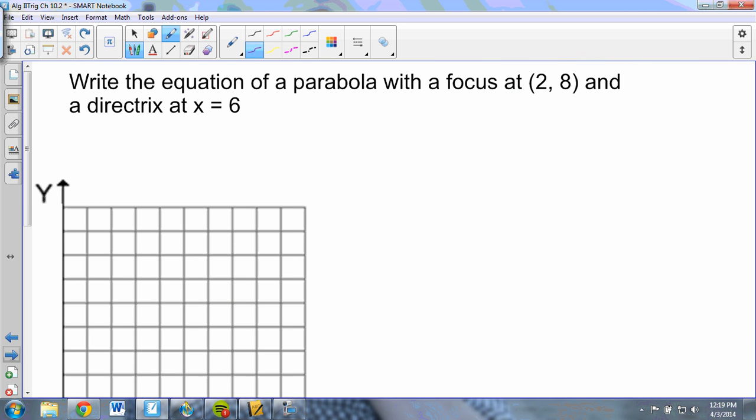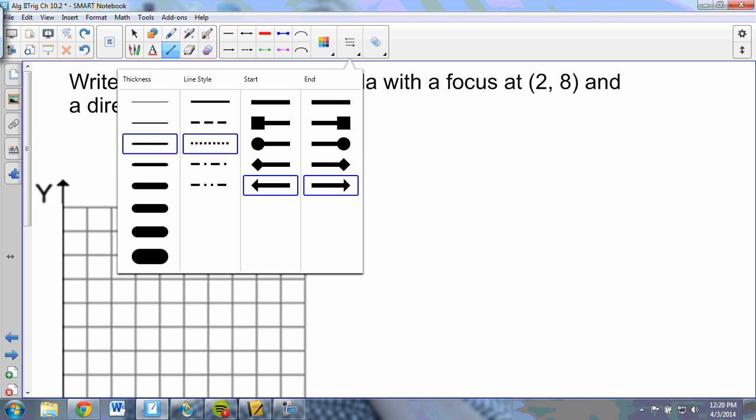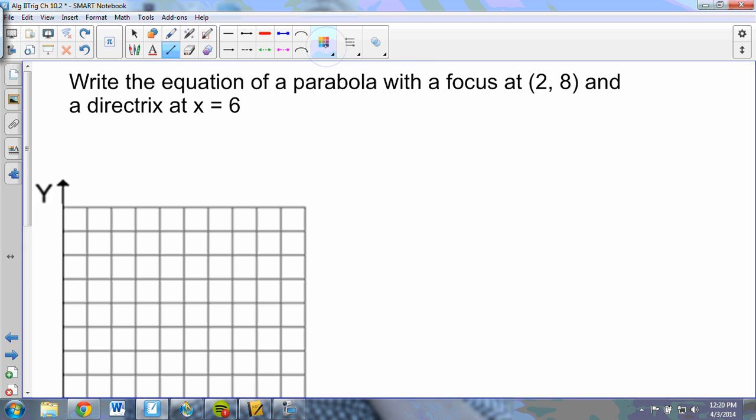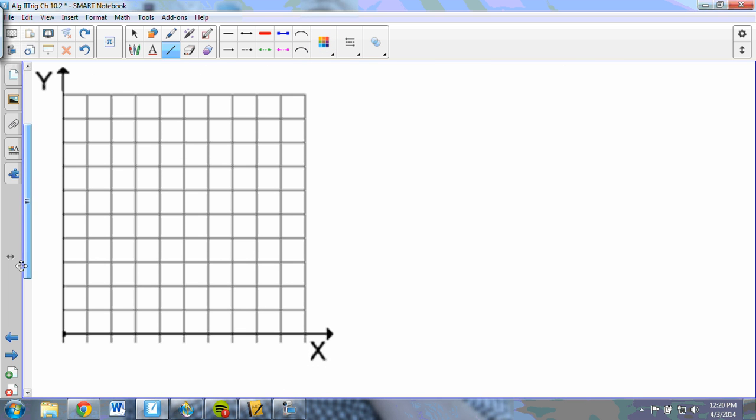We're going to write the equation of the parabola with a focus at 2,8 and a directrix with the line x equals 6. You don't need to graph to do this, but you're probably going to find it really helpful if you graph. If the directrix is the line x equals 6, if I go 1, 2, 3, 4, 5, 6, that's this line right here.